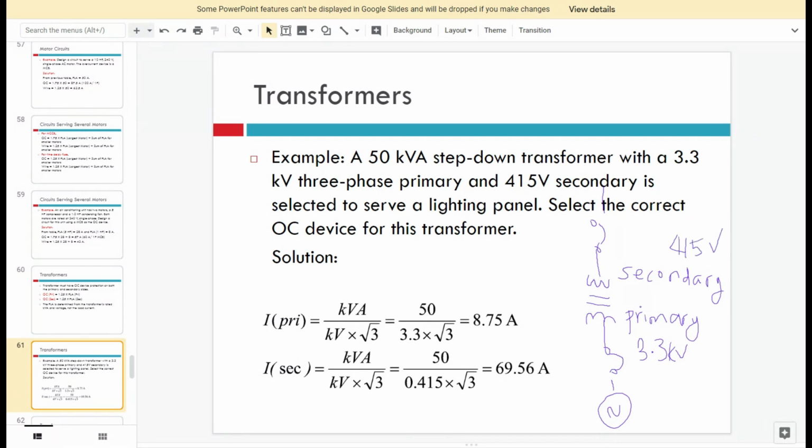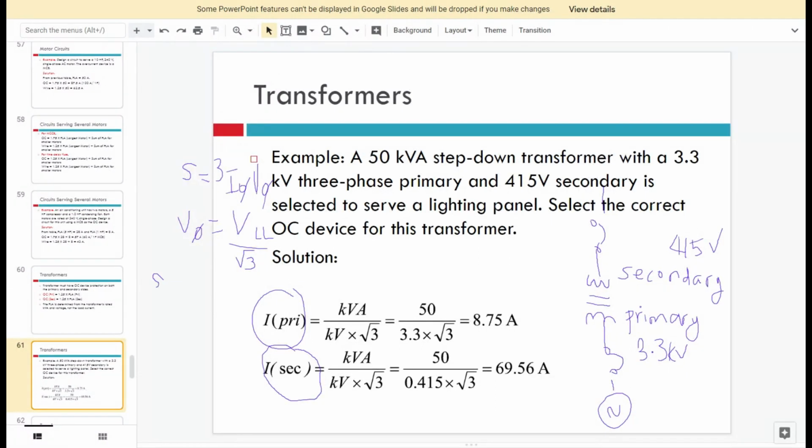As in the question, the primary is 3.3 kV and the secondary is 415 volt. So here you have to identify first the current I for the primary and the current for the secondary. You have to use the equation S equals 3 I phase V phase. You know that V phase is equivalent to V line to line divided by √3.